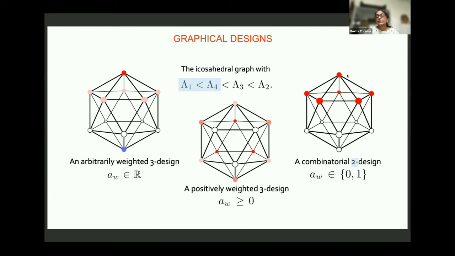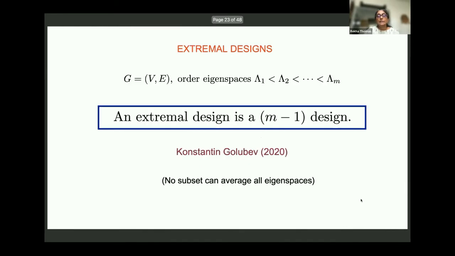Okay, so this is an example. Let me make one more definition before I tell you the results. So now that we've defined what a graphical design is, the thing in practice we want to do is to find designs, small designs, that can average as many eigenspaces as possible.